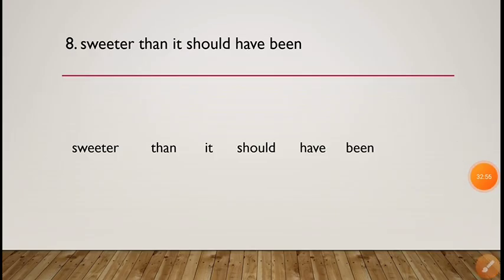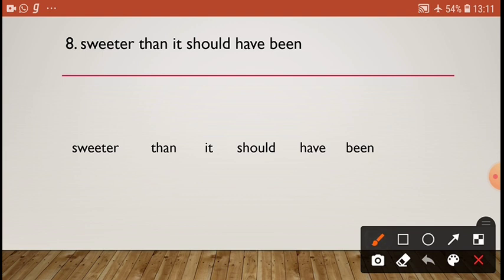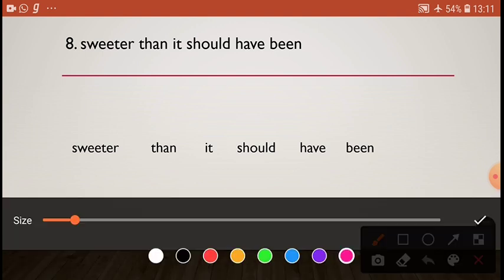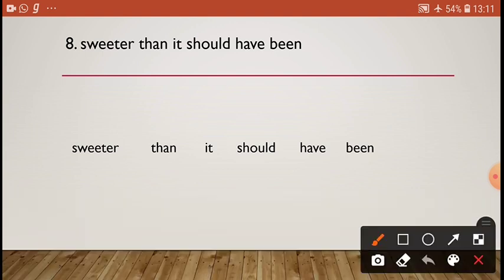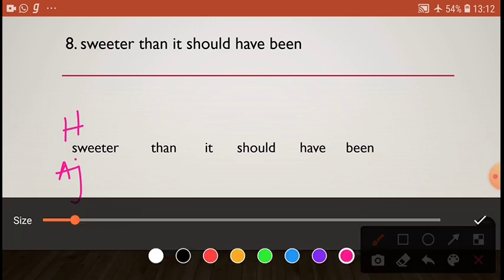Now the last one, sweeter than it should have been. Let's do it quickly. The head word of this phrase is sweeter. Sweeter is an adjective, right? We are talking about sweeter. So sweeter is an adjective, it's the head word, so this is an adjective phrase.